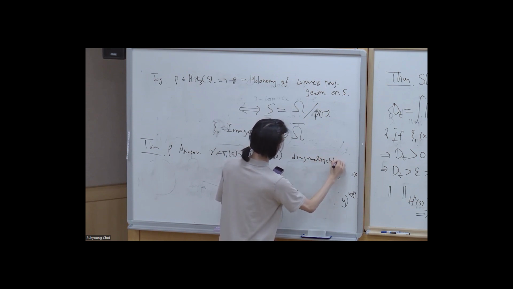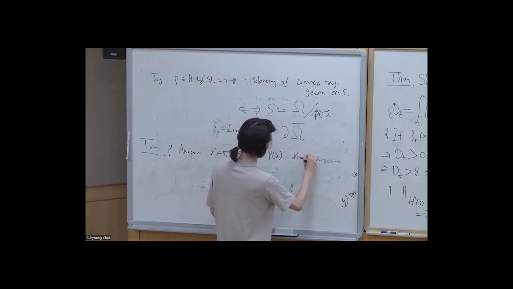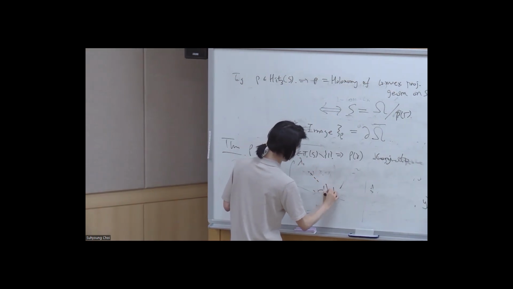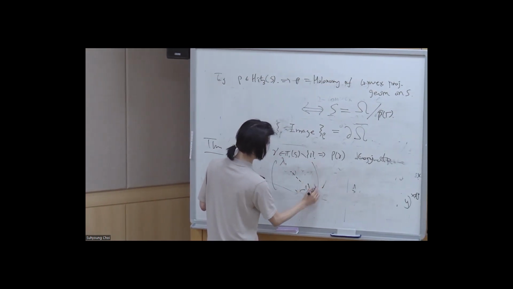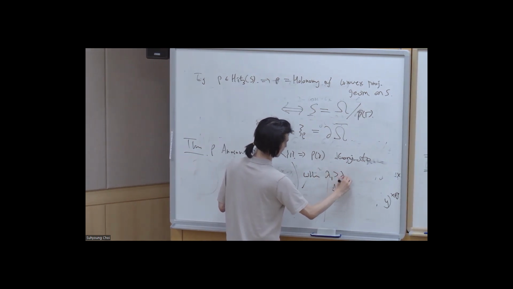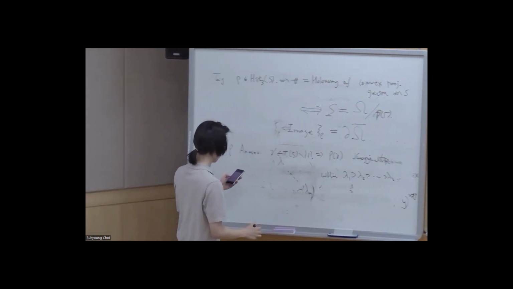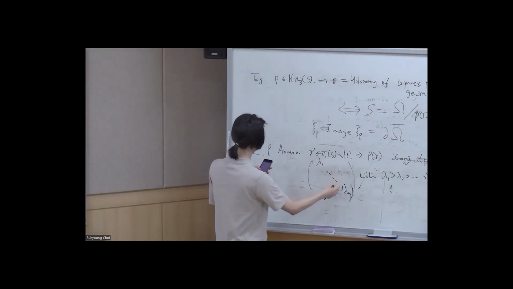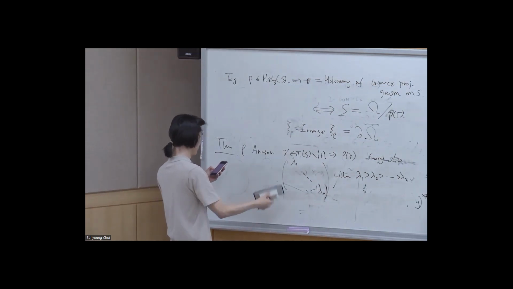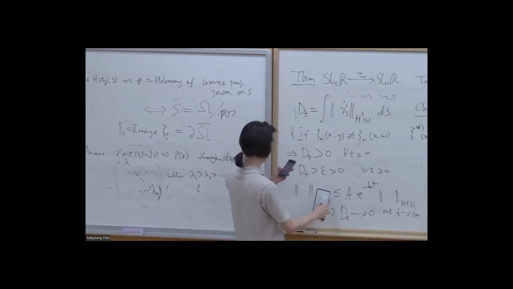So, let's say it this way, conjugate to the following matrix, where lambda 1 is largest. This property holds for an arbitrary Anosov representation, not just for Hitchin representations.